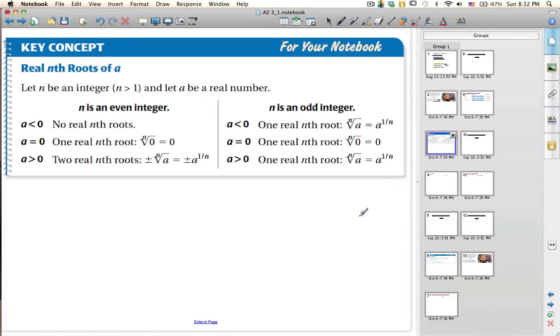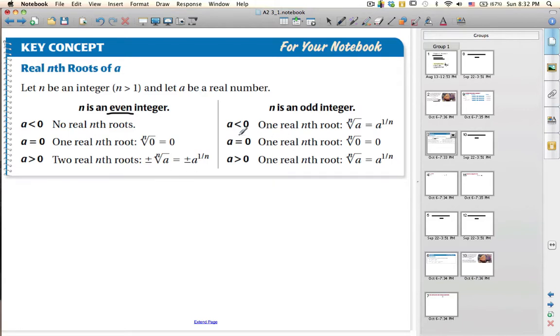This is really the review of the nth roots of a, things that you're familiar with already, and they're based on looking at the index and the radicand, which we've done in the past. So when a is less than 0, meaning when my radicand is a negative number, there are no real nth roots when the index is even. So a square root, a fourth root, a sixth root.